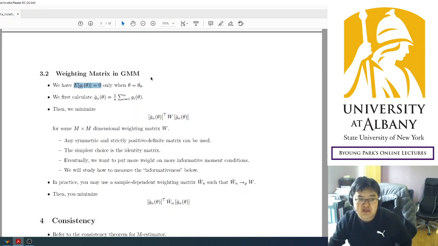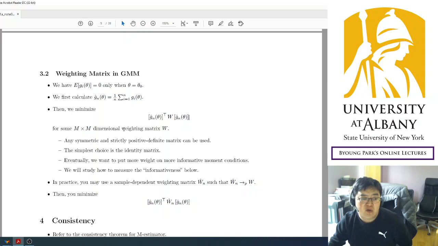As a result, what we are doing here is minimizing the distance, not solving something equals 0. We are minimizing the distance, so it becomes an extremum estimator, the M estimation principle in the end. So we are going to minimize weighted moments. So it is a kind of distance.